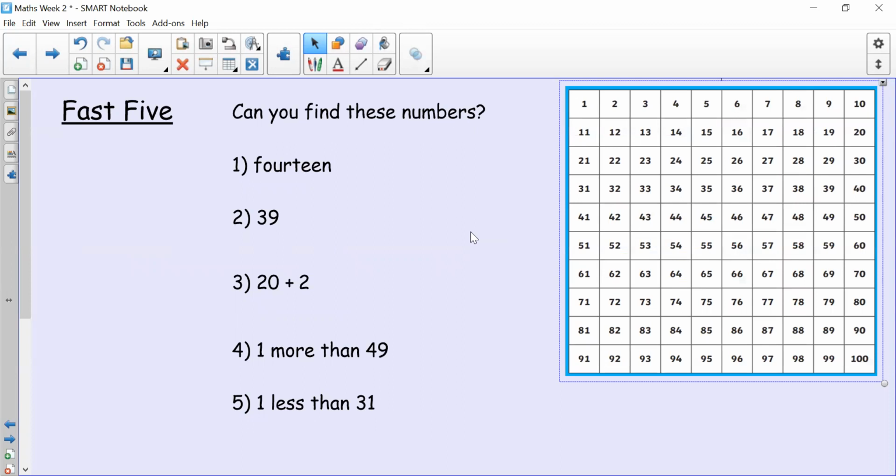Okay, so number one, what does this number say and can you find it on the 100 square? Then number two, what is this number? Find it on the 100 square. Number three, can you work this out and find the number on the 100 square?